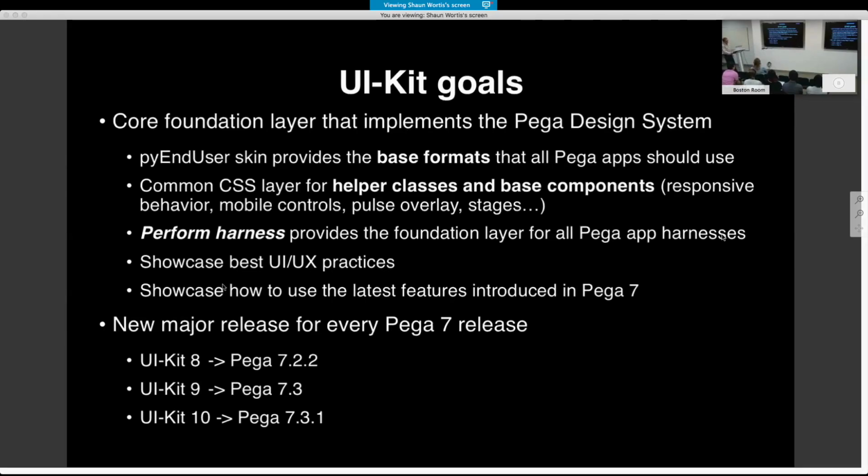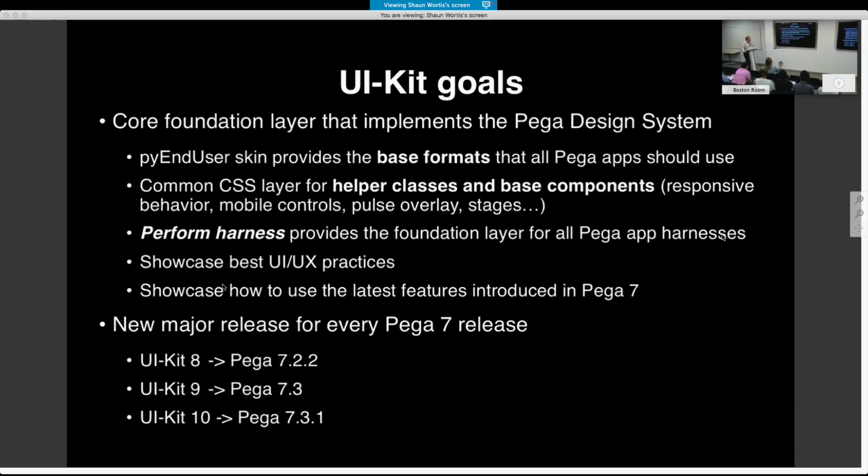So for those that don't know, I've heard a lot of questions about why are you not calling it UI kit 9? What is UI kit 8? Why are you not using the Pega 7 release number? The main reason is that we want to have a major release for every UI kit version. And why it is important is because when a customer starts to use, for example, UI kit 8 that was shipped in Pega 7.2, when they upgrade to Pega 7.3, they don't have to upgrade to the new UI kit.